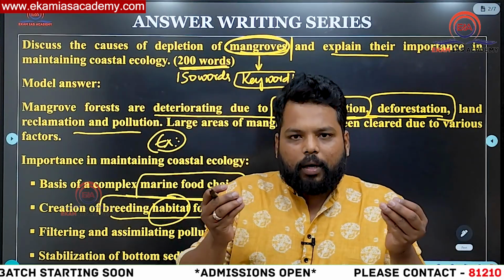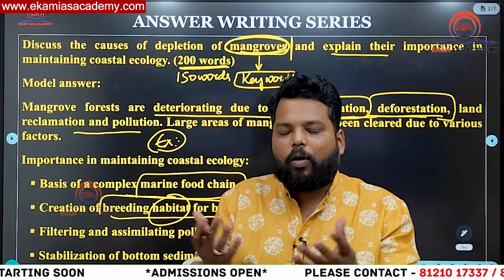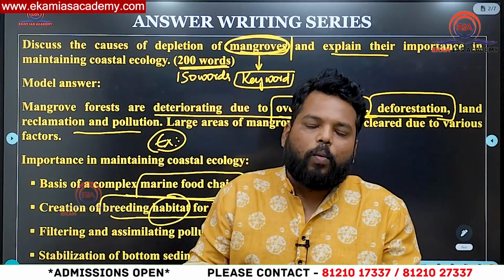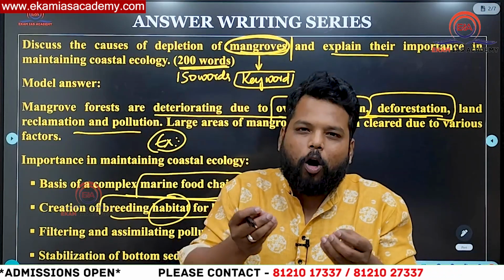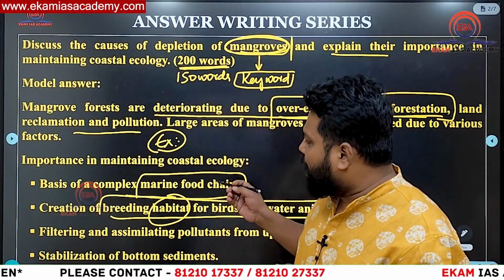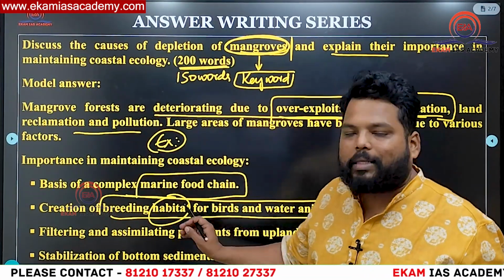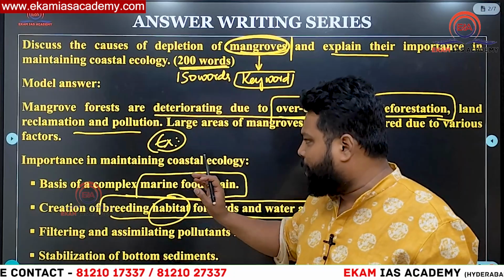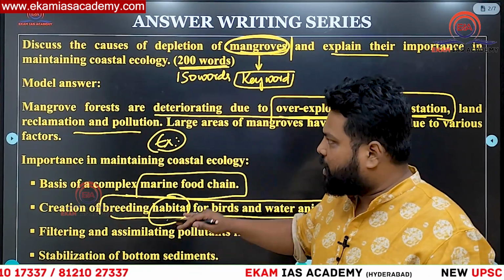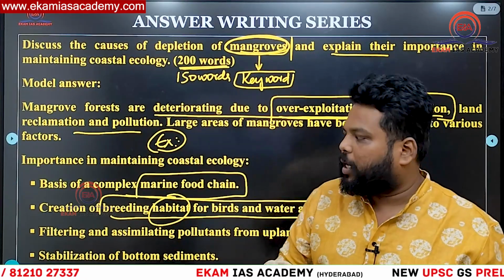The habitat of two different species can be common when they require some common features or characteristics. So most of the water animals and birds have these mangroves as their breeding habitat. In that sense, they would be maintaining the coastal ecology.